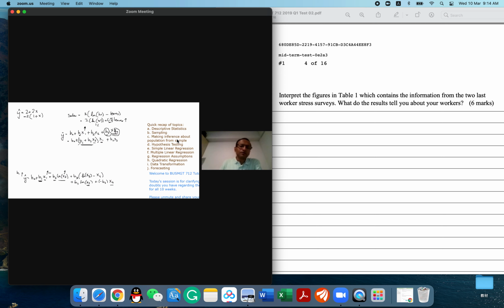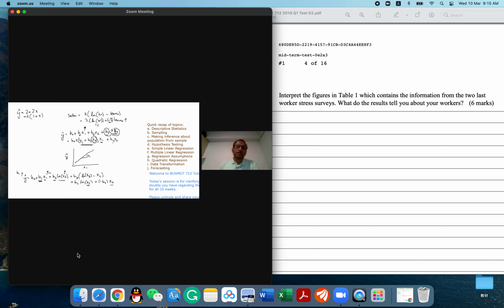So effectively, instead of just assuming that this is the slope based on x1, let's say this was x1 and y hat, instead of just saying this is the slope, which is b1, I'm now having a different slope, and I'm saying the slope itself depends on x2. That's the key message when we give an interaction term. So if x2 is changing, then potentially my slope itself can change.